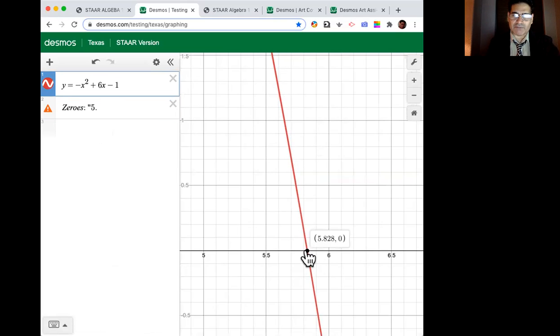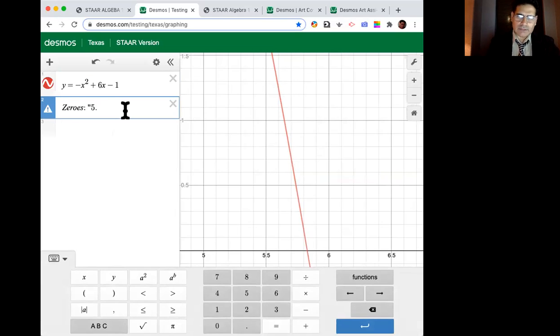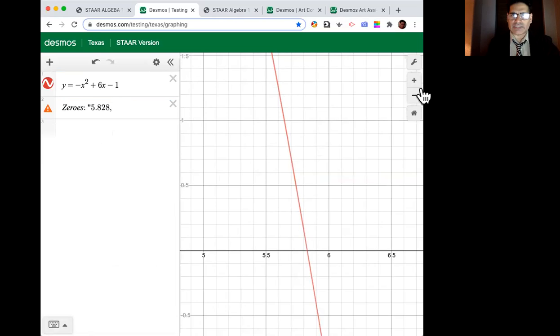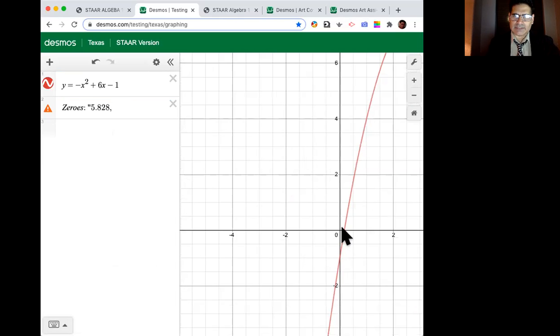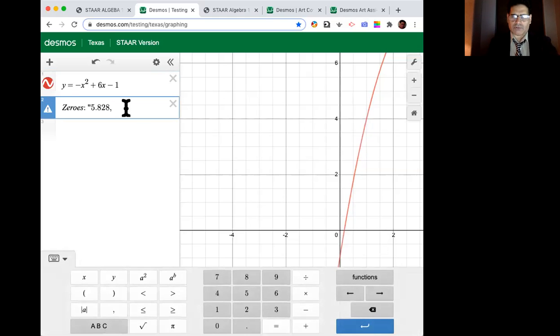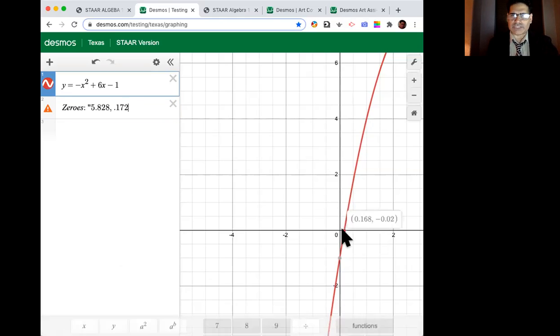And my next one is at, let's see, I don't really have to zoom in. You can pretty much get right on there. 0.172. Yeah, so they're both positive. 0.172. Double check that. Okay.